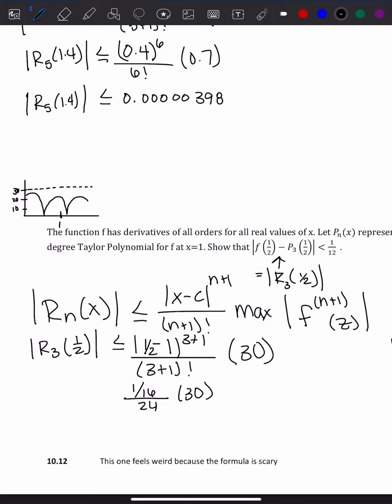So we have 30 over 16 divided by 24. If we do some moving around, we're going to eventually get 5/64. If you put it into the calculator, you're going to get a decimal that is this. So we're looking at that 5/64.